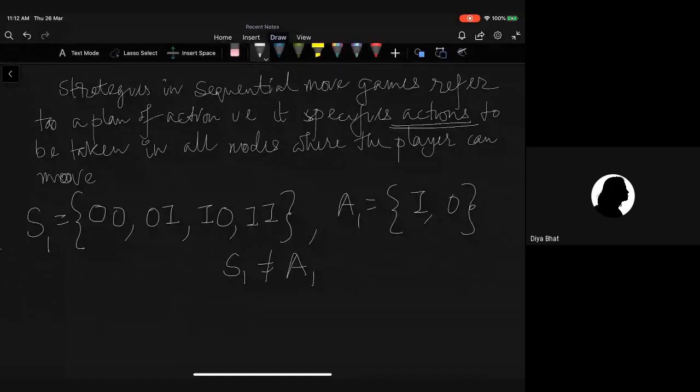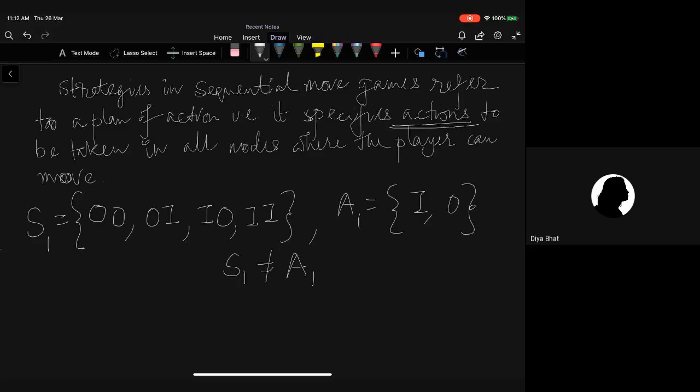If you remember, when I introduced this notation of A_i and S_i in one of the first lectures on game theory, I mentioned that for the time being we were assuming the set of strategies and set of actions to be the same. We would be using strategies and actions interchangeably.